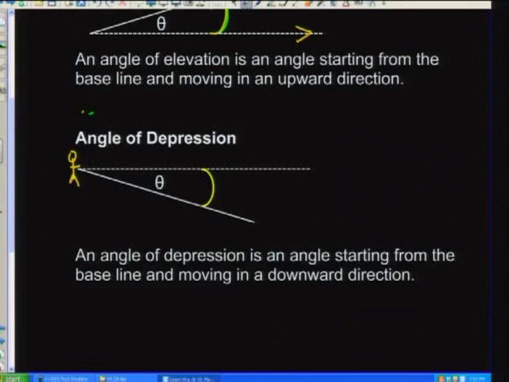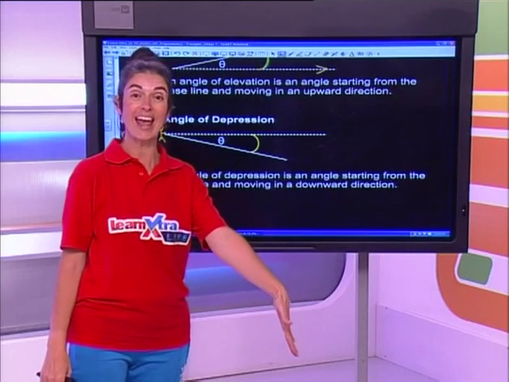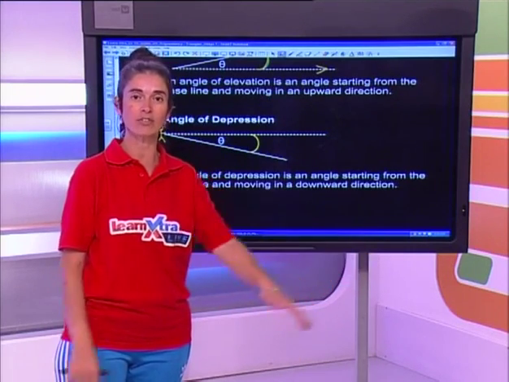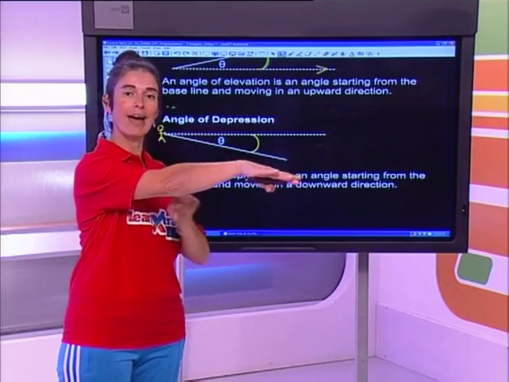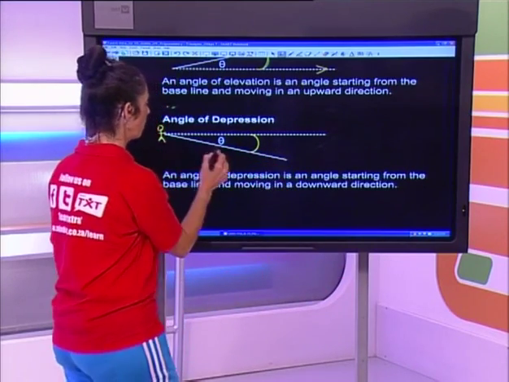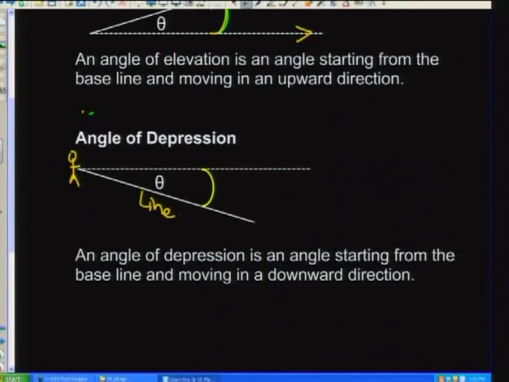So if I was looking at an ant that's walking on the ground, then I would measure my angle from a horizontal all the way to my line of sight. So this would be my line of sight, and the angle that's measured would be from the horizontal. Okay? And that is what we call an angle of depression.